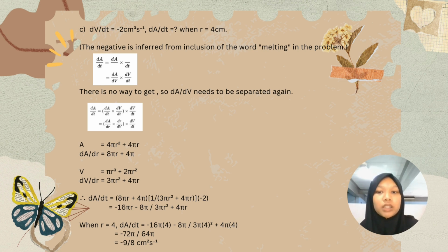The answer will be -16 pi r minus 8 pi over 3 pi r squared plus 4 pi r. So when r equals 4, we substitute it into the answer we got before, and the final answer will be -9 over 8 centimeters squared per second.